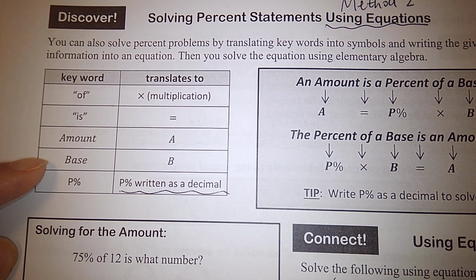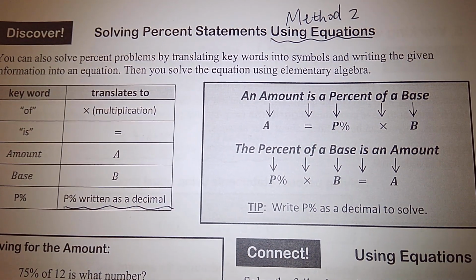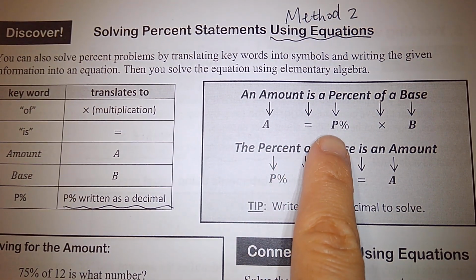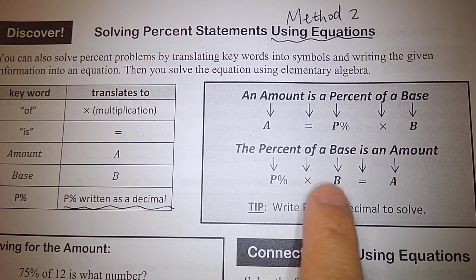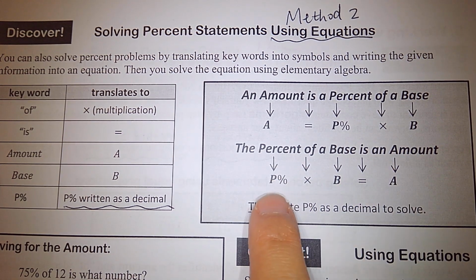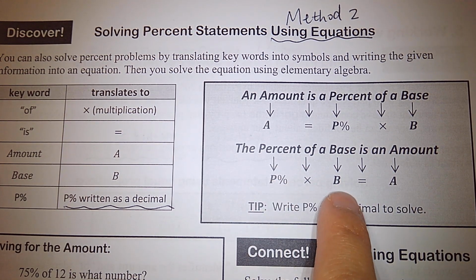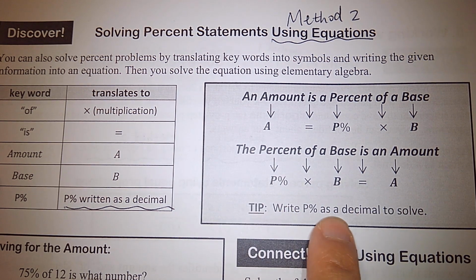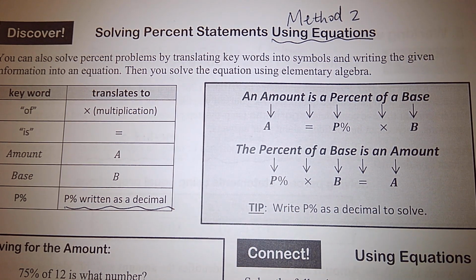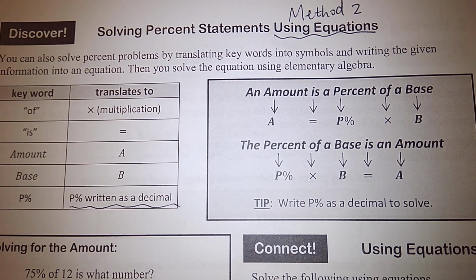An amount is a percent of a base: A equals P% times B. The percent of a base is an amount: P% times B equals A. Tip: write P% as a decimal to solve. Very good, thanks.